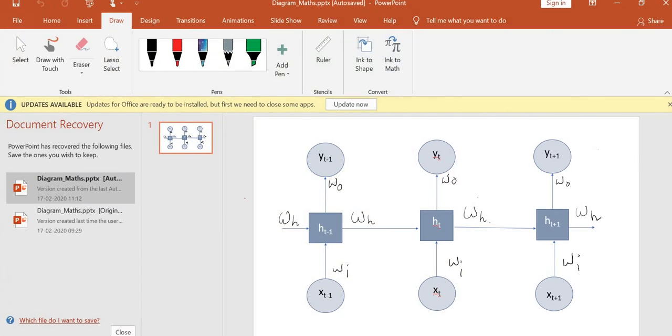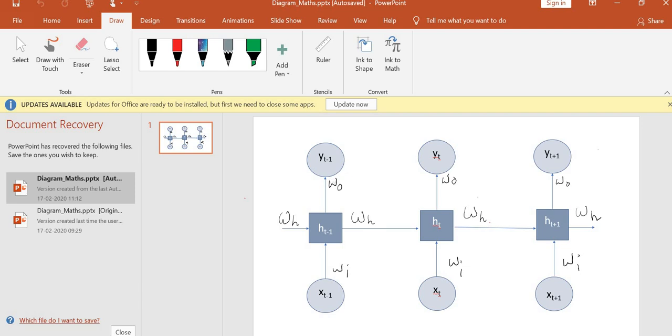Looking at the diagram, the weighted sum is the input weight times x(t), Wi x(t), plus, from the previous layer where the parameter is shared, the historical data, Wh times h(t-1), plus the bias bh, which I didn't show here.